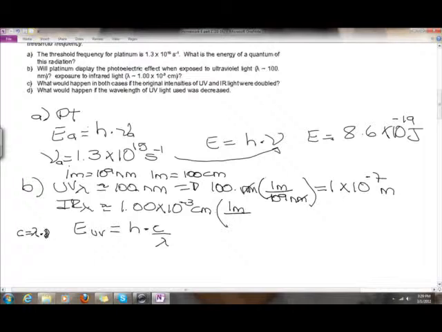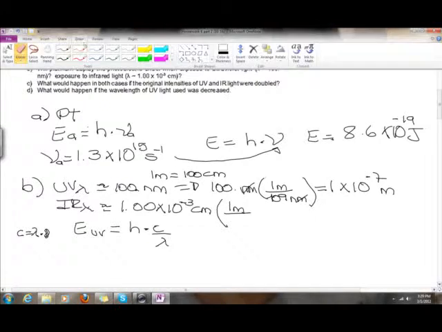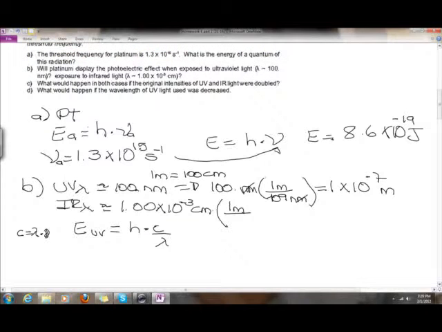Hold on, we don't need nanometer. I'm just complicating myself. We just need to convert from centimeter to meter. I'm sorry for that.